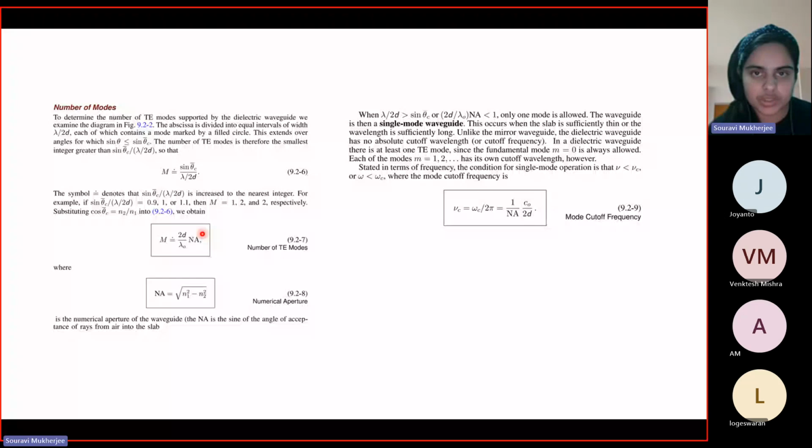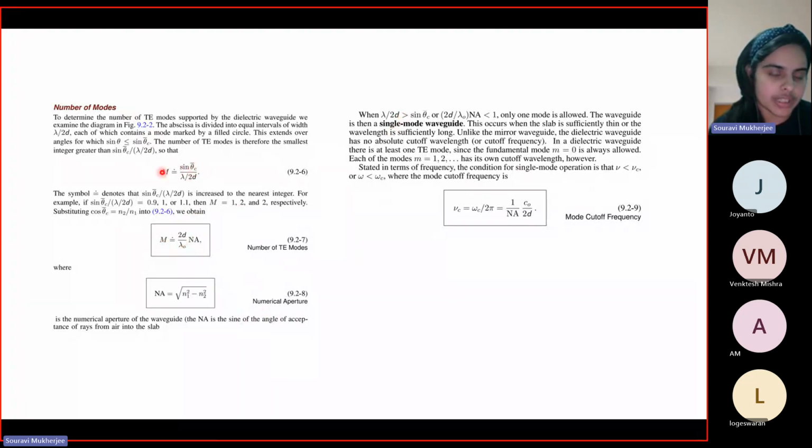Okay, so here you can see that if you know N1 and N2, you get an idea about the numerical aperture of your dielectric waveguide, and you know the dimension. Suppose you are working with some particular lambda. If lambda by 2d is greater than sine theta c, what would that mean?